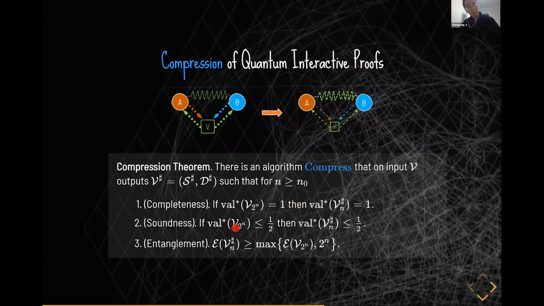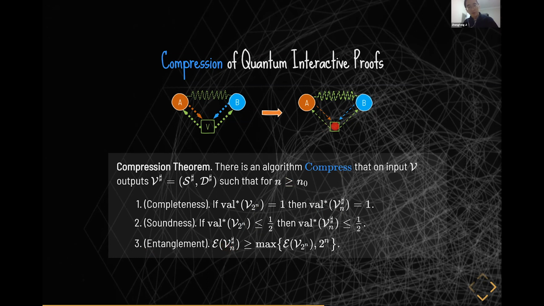If the big game has value less than a half, then the compressed game has value less than a half. So it's a kind of magical compression: you start with a big game, you end up with a smaller game, but nevertheless you can tell the value of the larger game from the value of the smaller game.